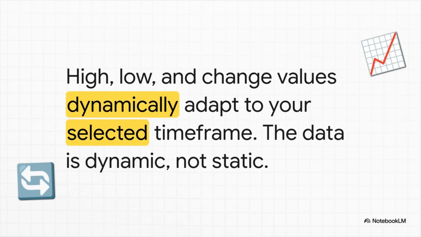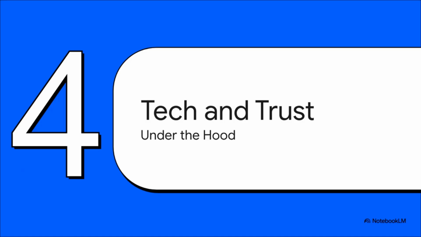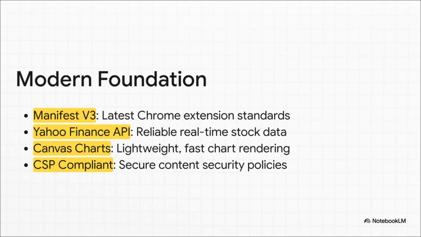Okay, so the tool is fast, it's useful, but let's talk about the big question we all have to ask these days. Is it secure? Let's take a quick peek under the hood at the tech and privacy side of TKRPeak. So, good news. It's built on a really modern, secure foundation. It uses something called Manifest 3, which is just Google's latest, safest standard for extensions, which is great for your privacy.